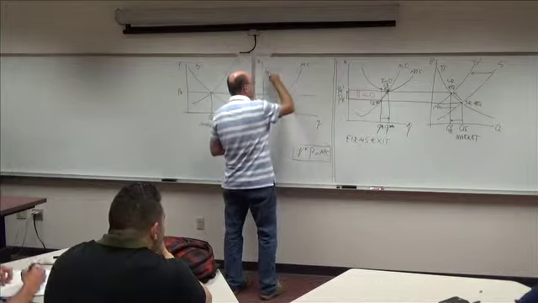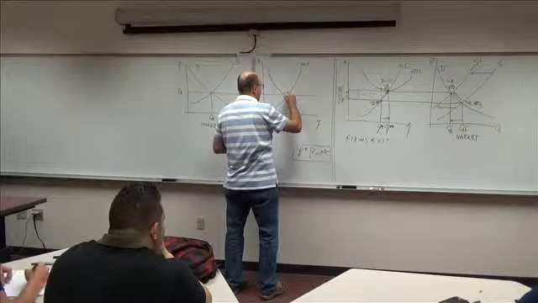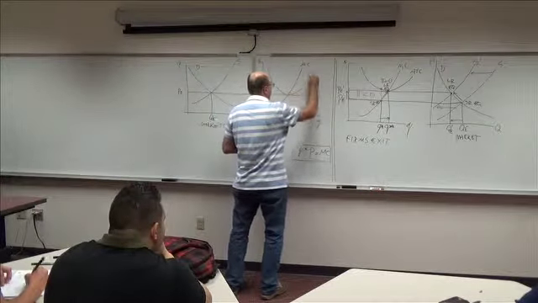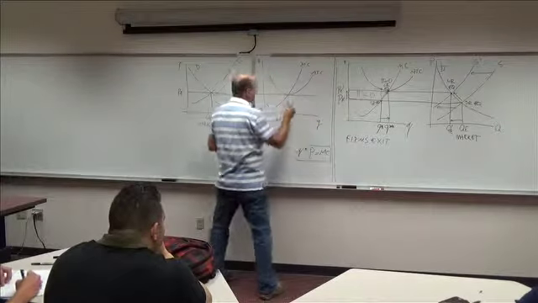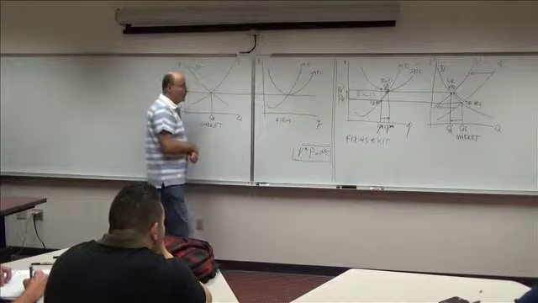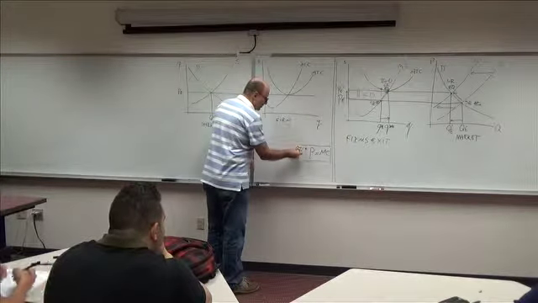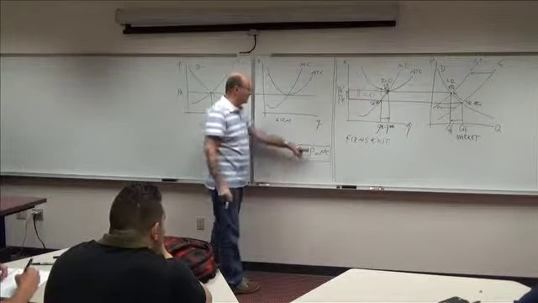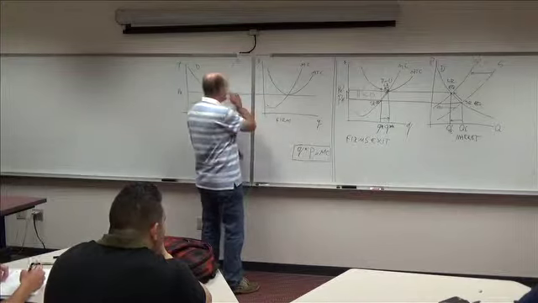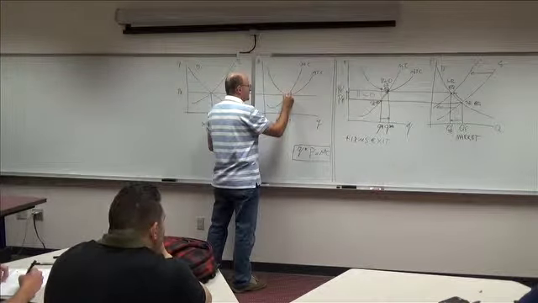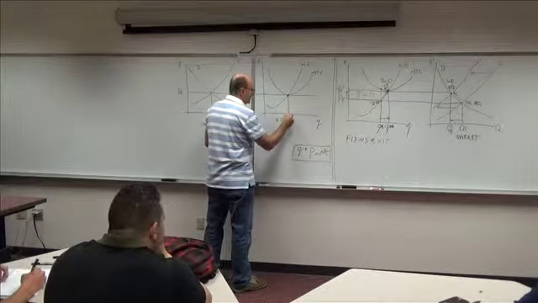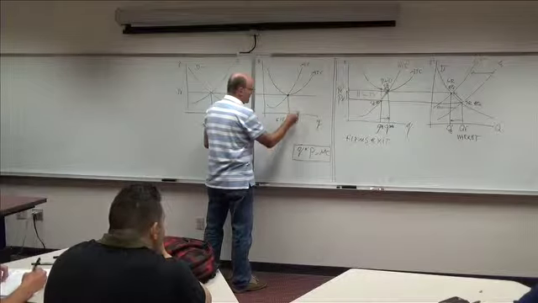marginal cost, average total cost. How much is this firm producing? Quantity where price equals marginal cost. Price equals marginal cost. Quantity Q star.